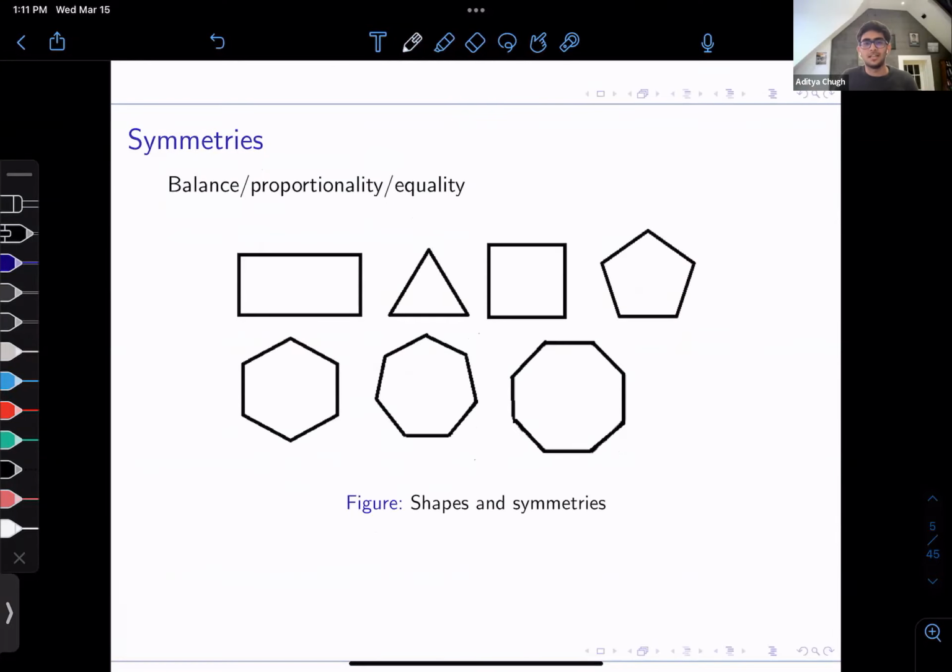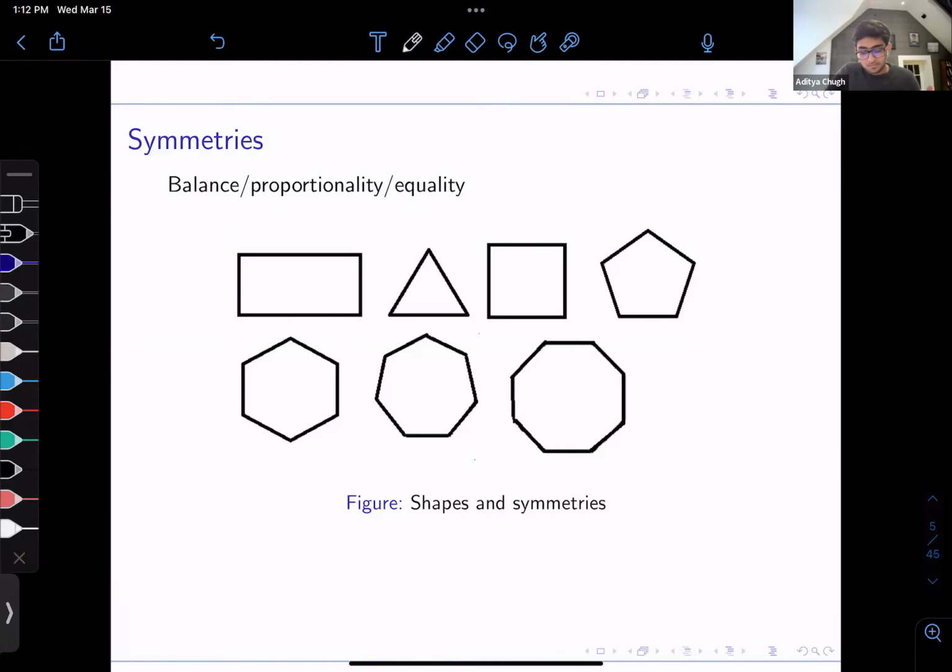Symmetries at the very basic level are about balance, proportionality, some sort of equality. Again, I'm talking about this in a very informal sense, but I have some shapes here, and you would consider a lot of them pretty symmetric. There's the equilateral triangle, and you could consider how you might reflect these shapes, how you might rotate them, and that would reveal the symmetries of the shapes.